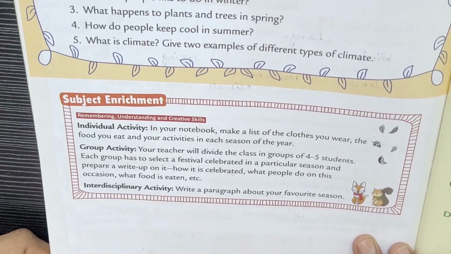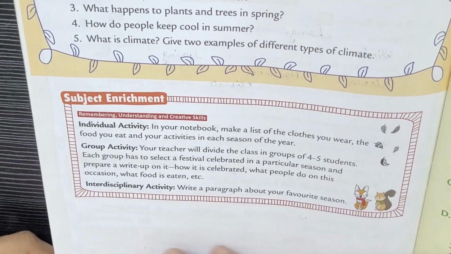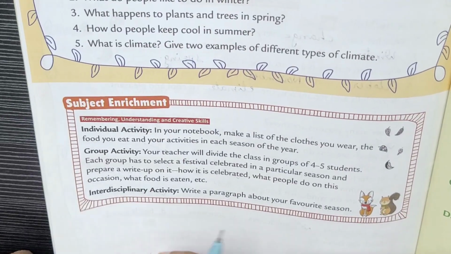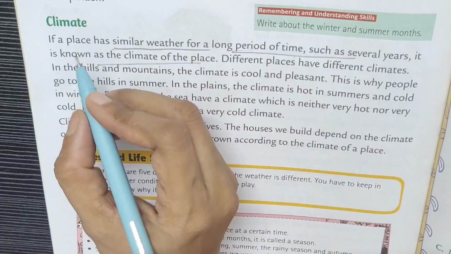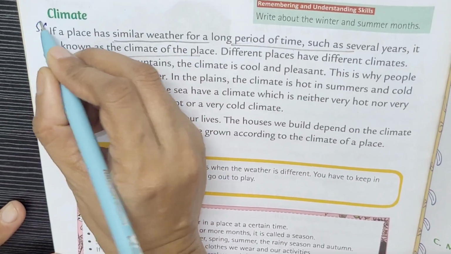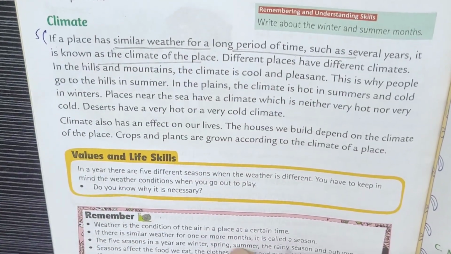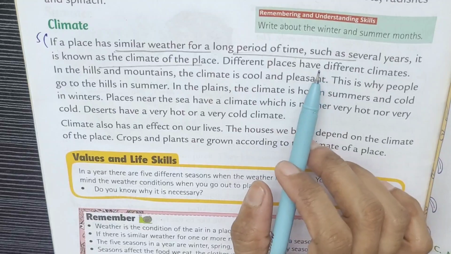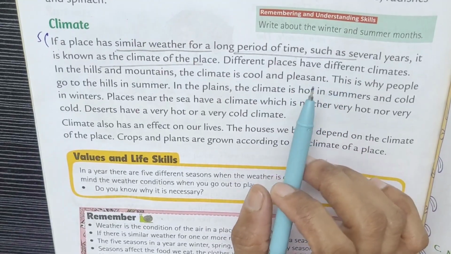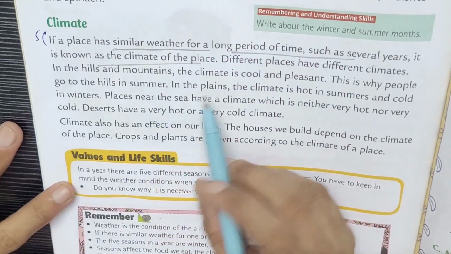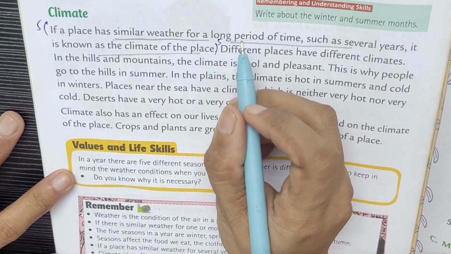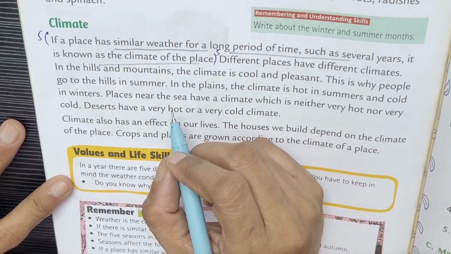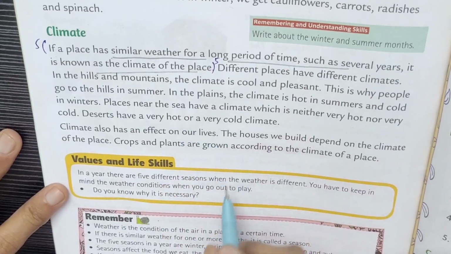What is climate? Give 2 examples of different types of climate. If a place has similar weather for a long period of time, such as several years, it is known as the climate of the place. 2 examples of different types of climates.